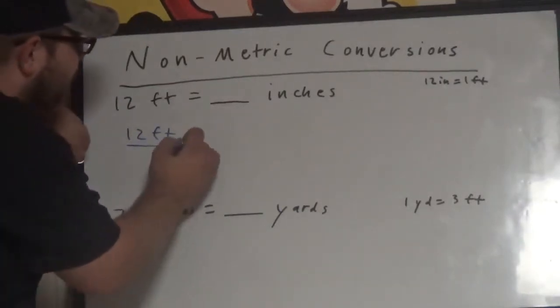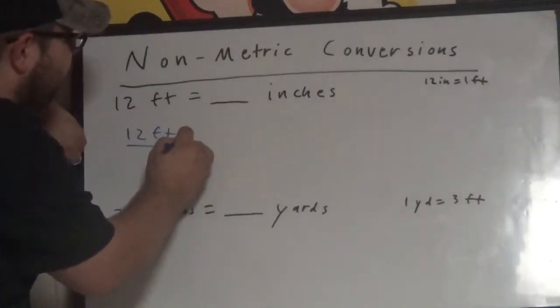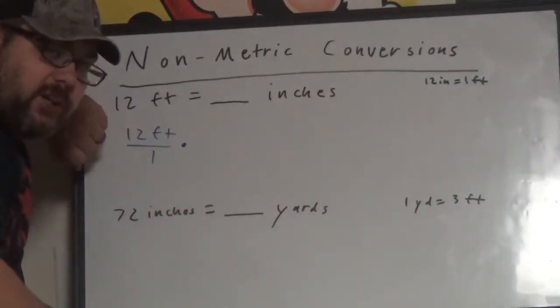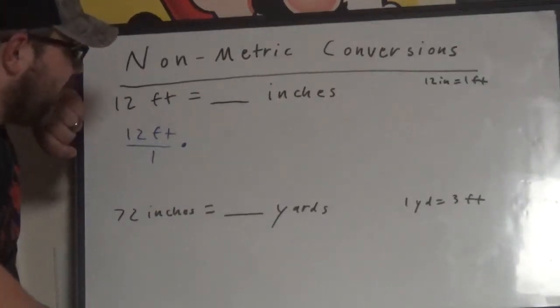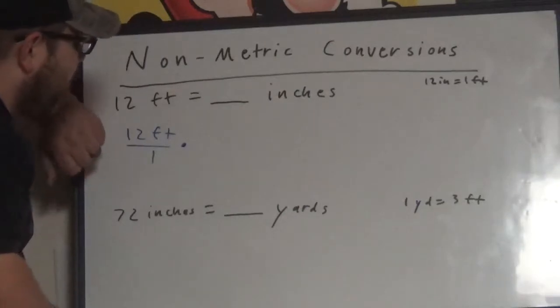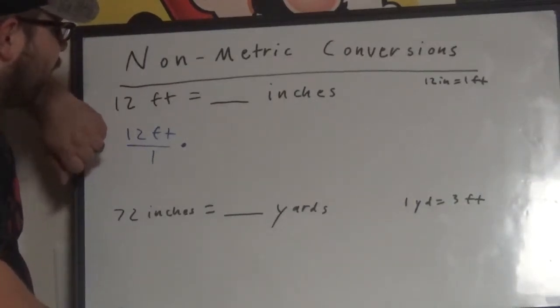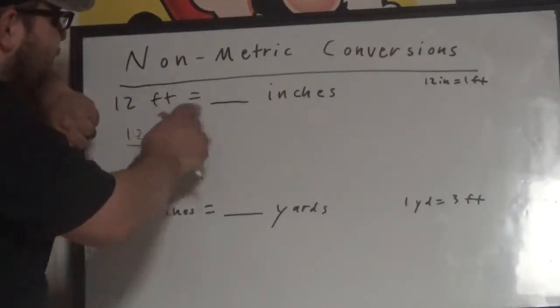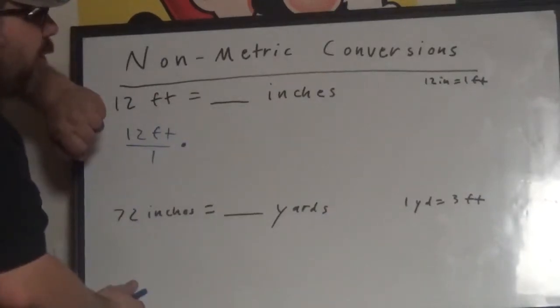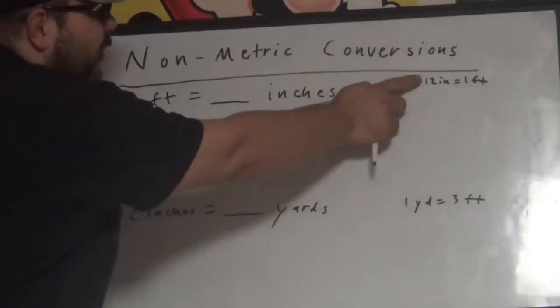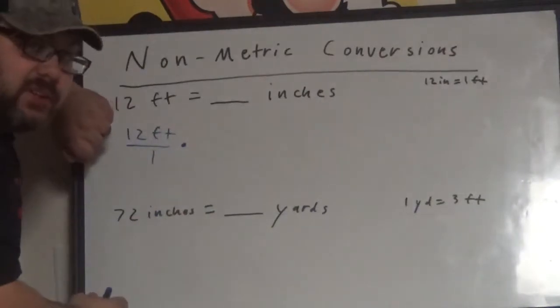And we're going to multiply. Multiplying fractions comes in handy here. Since we're changing from feet to inches, we're going to take our unit conversion and make that the next fraction.